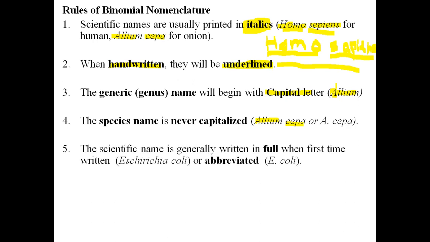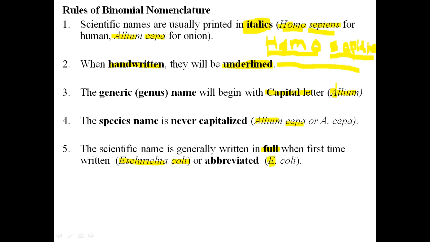The scientific name is generally written in full the first time it is written. For example, Escherichia coli is written in full, both genus and species name. It may be abbreviated if in the paragraph it is first mentioned as a full name, but the next time we mention Escherichia coli, we don't need to write it in full, only the genus, not the species.